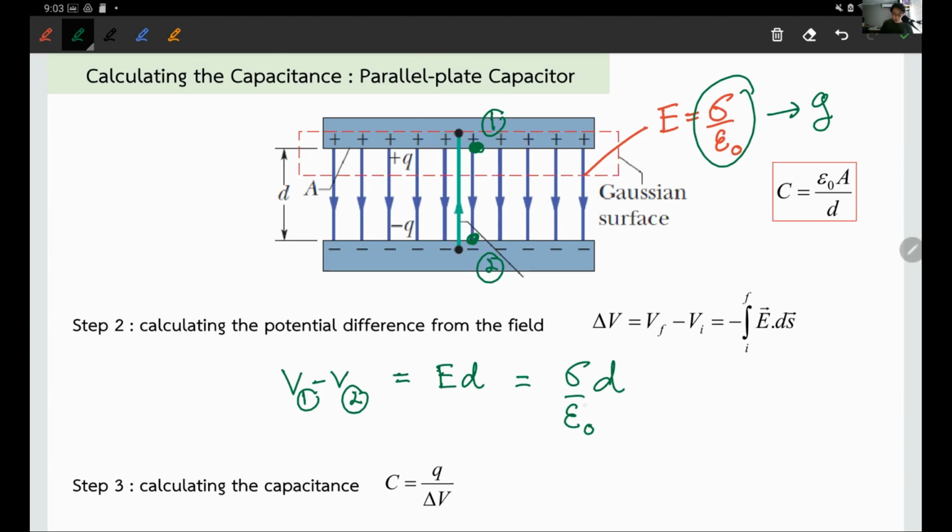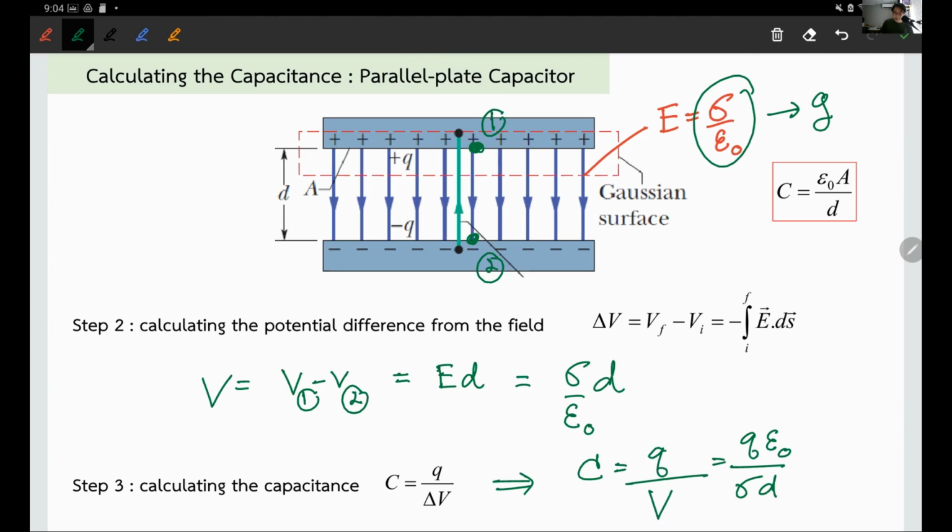Then you can dump this onto the last step. The capacitance is just the amount of charge over potential difference, which is what you got from the second step. All I need to do is plug in everything: sigma D, and I flip epsilon naught to the top.